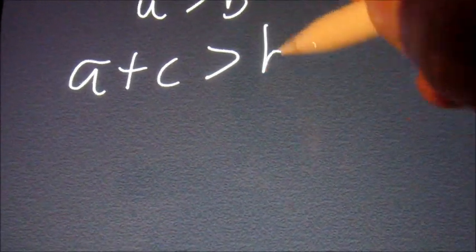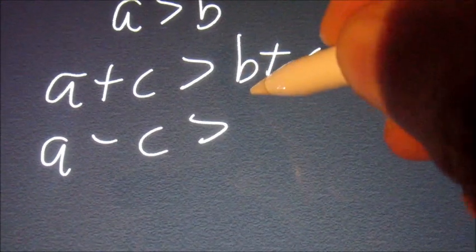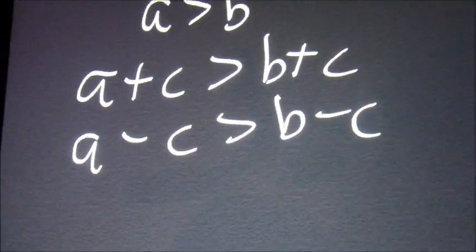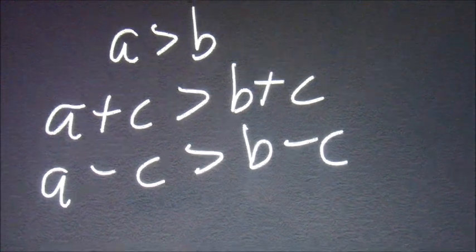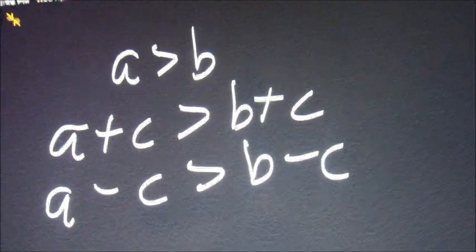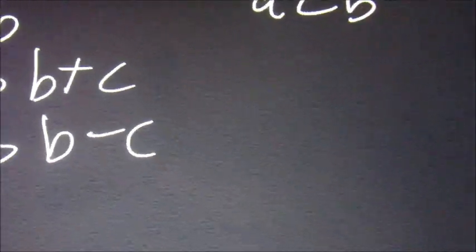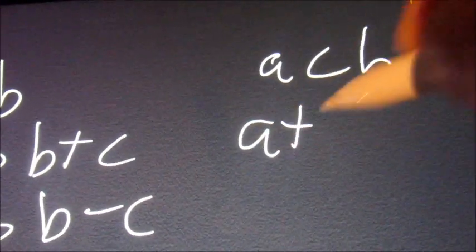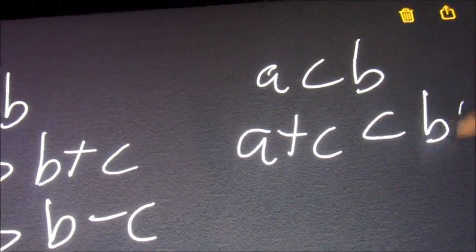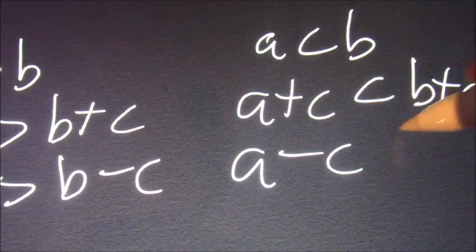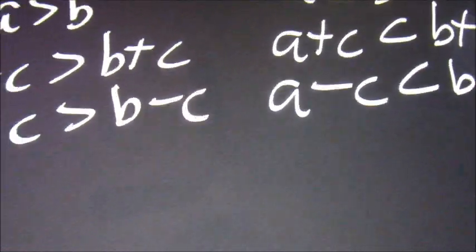So if we start that A is greater than B, then A plus C is still going to be greater than B plus C, and A minus C is still going to be greater than B minus C. So if we either add or subtract the same thing from both sides, we're still going to have the same inequality. Likewise, if we have A is less than B, then A plus C is going to be less than B plus C, and A minus C is less than B minus C.